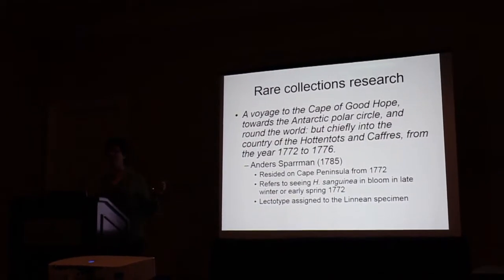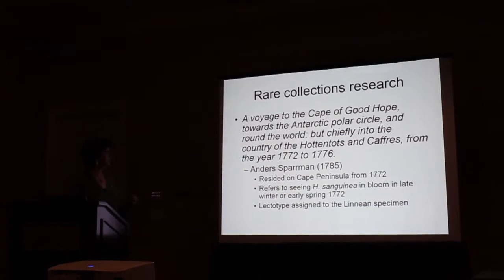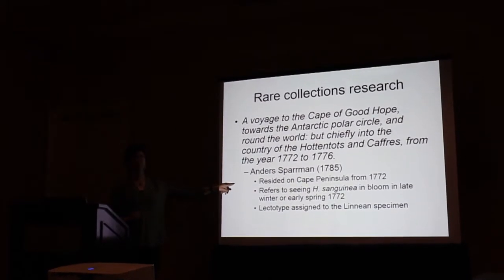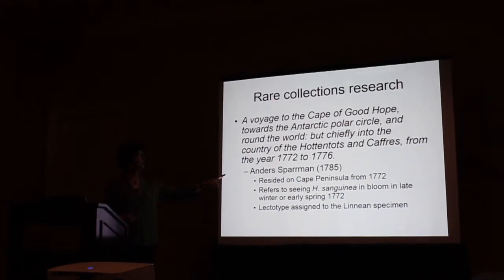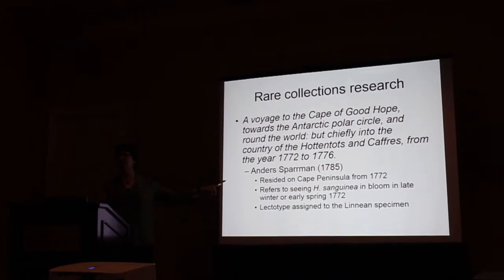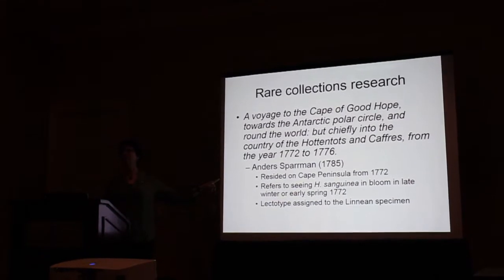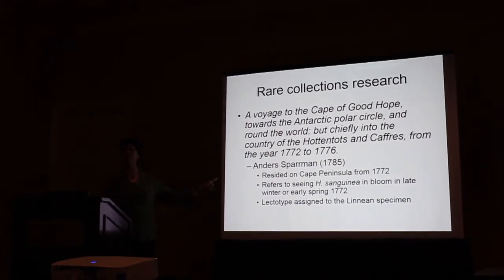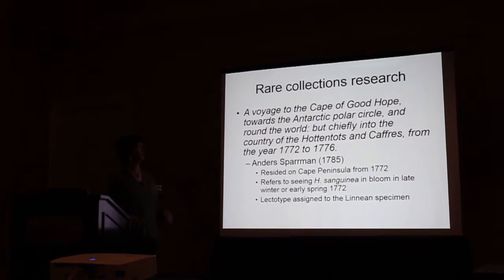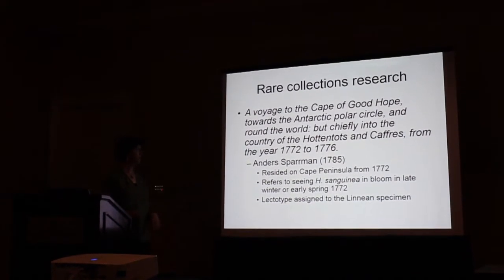So when you read this little autobiographical account of his travels, he lived on the Cape Peninsula, actually on the side where Simonstown is on False Bay, starting in 1772. Well, he was only there for a few months before he latched onto a Cook voyage and left, and then came back and did his exploration into the land of the Hottentots and Caffres.